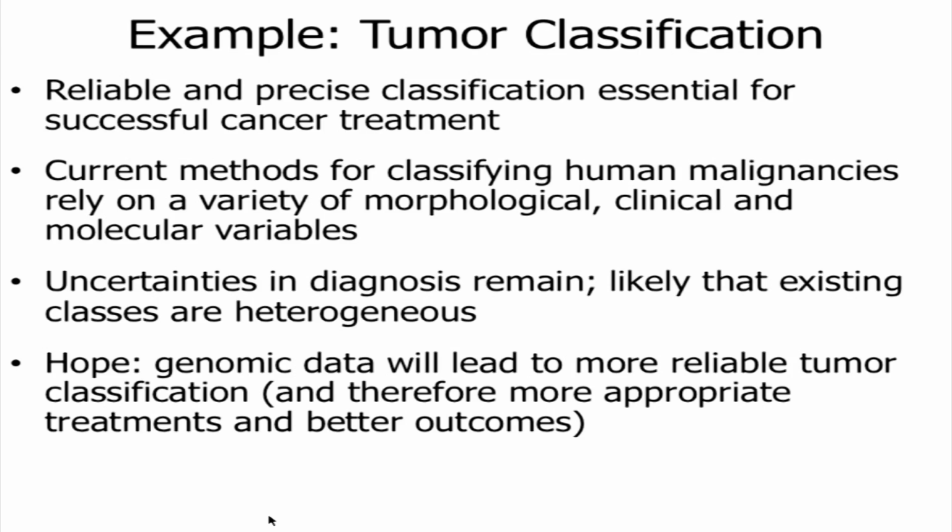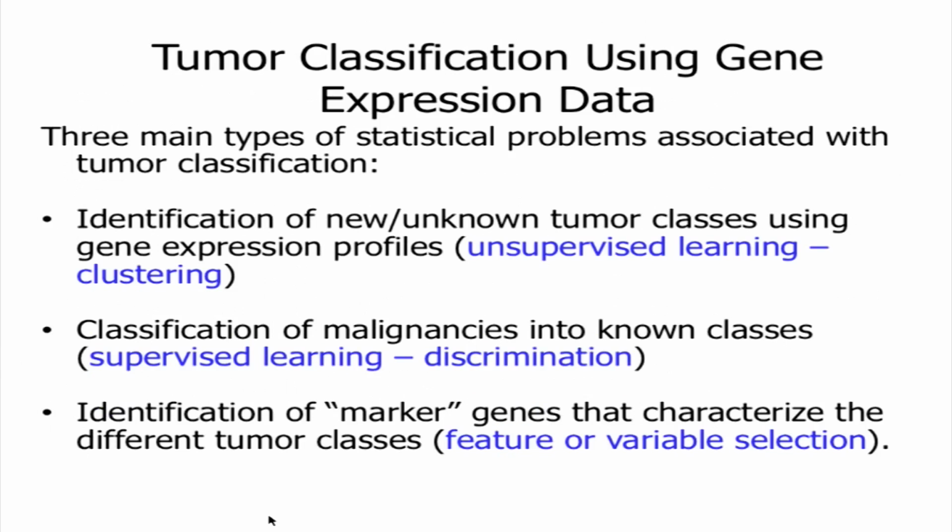And so the hope was that we can use genomic data to arrive at a more reliable tumor classification, which then informs treatment decisions. When it comes to tumor classification with gene expression data, there are really three main types of statistical problems. The first problem is to identify new or unknown tumor classes. Imagine you have a tumor, and under the microscope, these tumors all look the same.